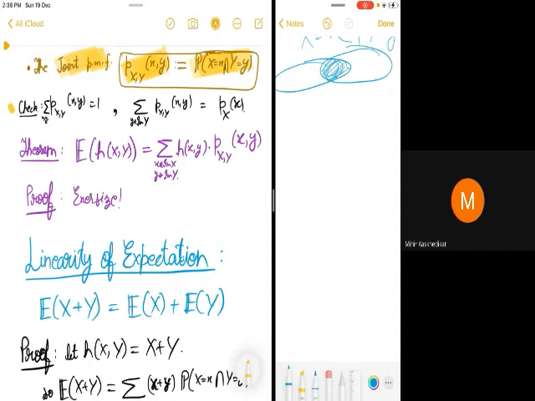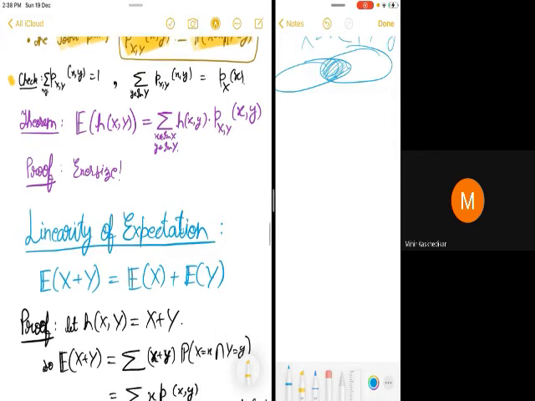If you sum over small x and small y, then because of the countable union axiom, this is just the probability of the event capital Omega, which is 1. You can also check that the sum of the joint probability mass function over all values of y gives us the probability mass function of x. This is an exercise.